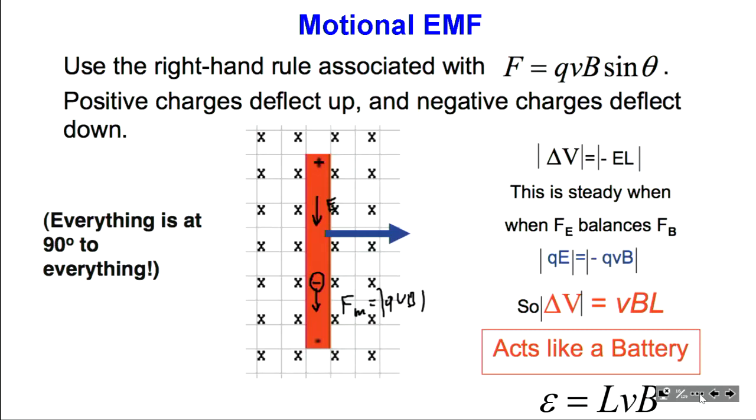And that generates an electric force acting on the same electron, which equals Q times E, well, magnitude. And eventually, the magnitude of the electric force becomes equal to the magnitude of the magnetic force.